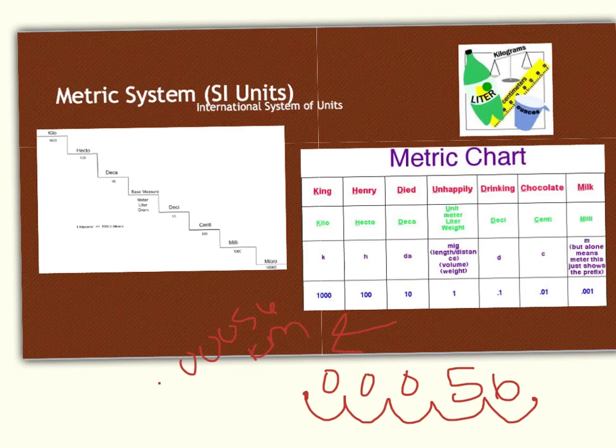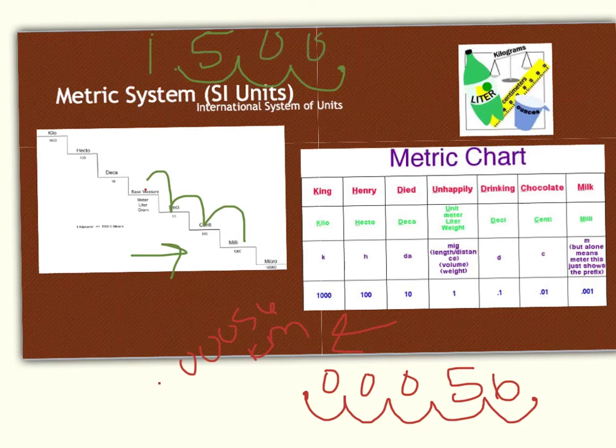Remember, it's exactly the opposite if you go the other way. So let's say we're going from meters to milli, and our number is 1.5. So here we go. 1, 2, 3. So we're going 3 places to the right. So we move our decimal point 1, 2, 3 places to the right.